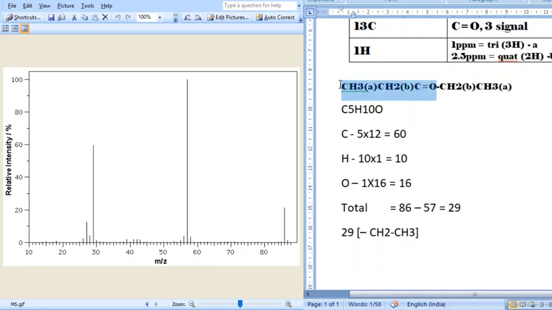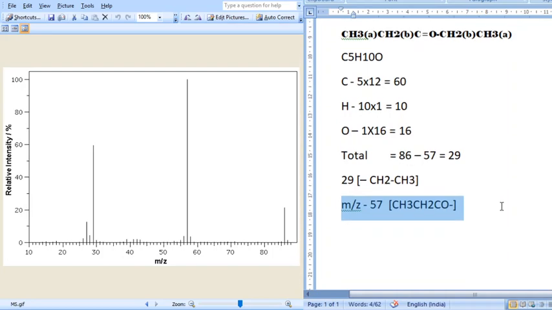This part is the most stable part, and therefore it is the base peak, right? M by Z 57. This is the most stable fragment in this molecule.